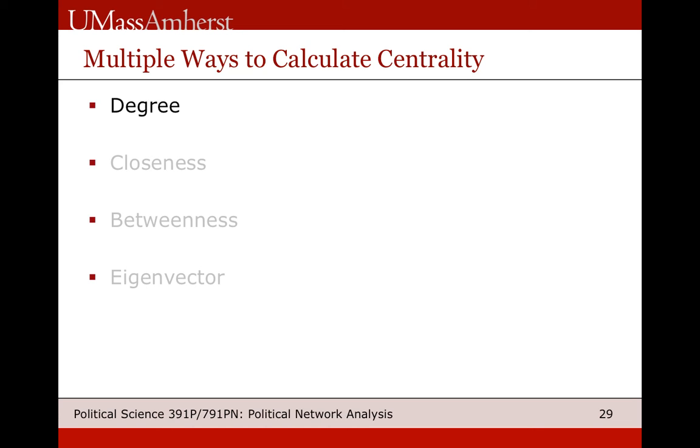Now, I'll mention that there are multiple ways to calculate centrality. The one that you're going to learn about today, or have in essence already learned about, is degree centrality. But in future weeks, we'll be looking at things like closeness, betweenness, and eigenvector centrality. These are all just slightly different ways to get at the overall construct of centrality, but each is going to have its own theoretical background to explain why this measure is slightly different than the others.